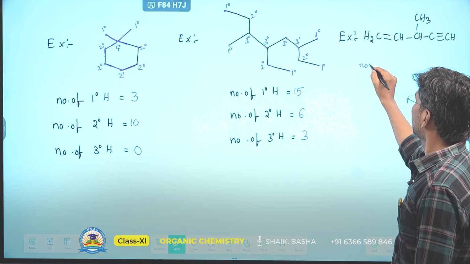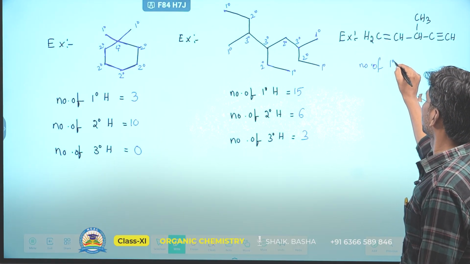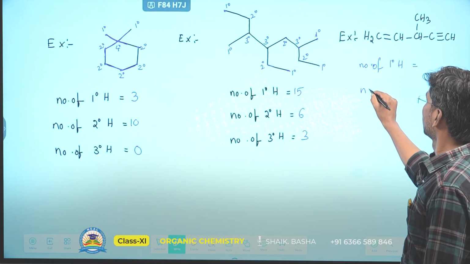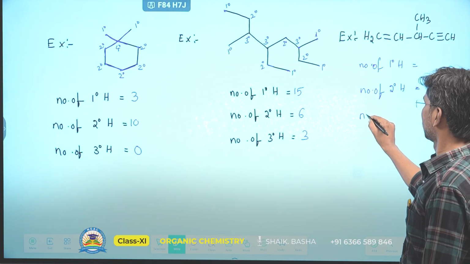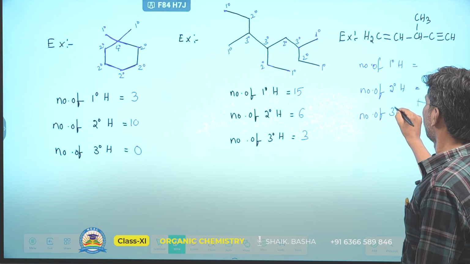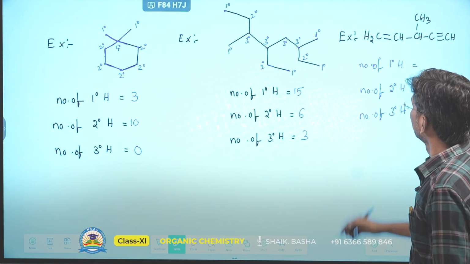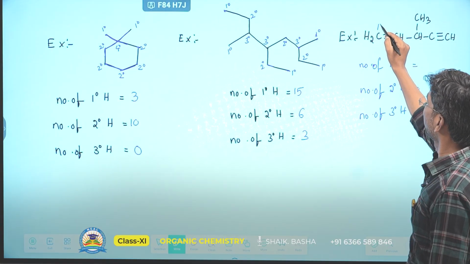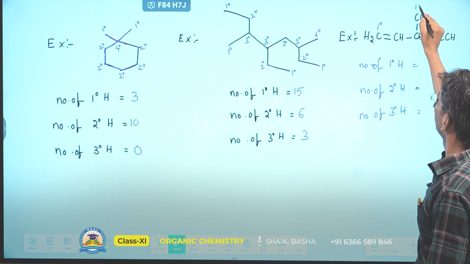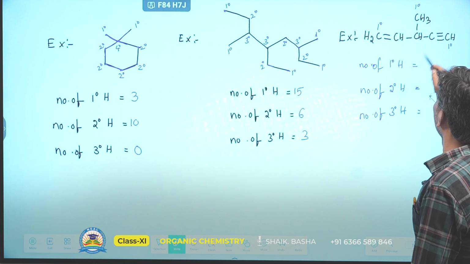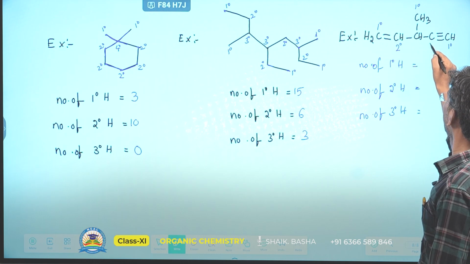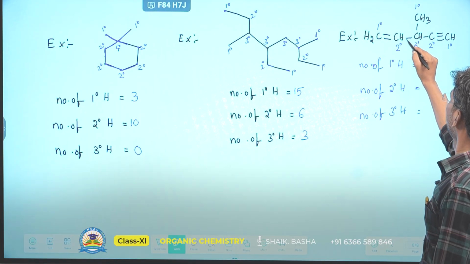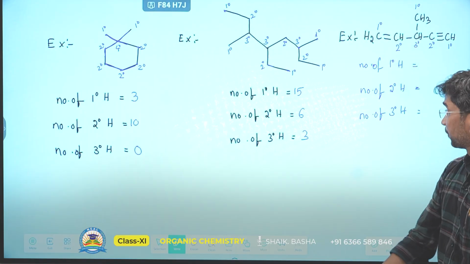Number of primary hydrogens, number of secondary hydrogens, number of tertiary hydrogens. Carbon is attached to only one carbon, primary. It is connected to only one carbon, primary. It is attached to only one carbon, primary. It is attached to 2 other, secondary. It is attached to 2 other, secondary. It is attached to 1, 2, 3 other carbon atoms, tertiary.